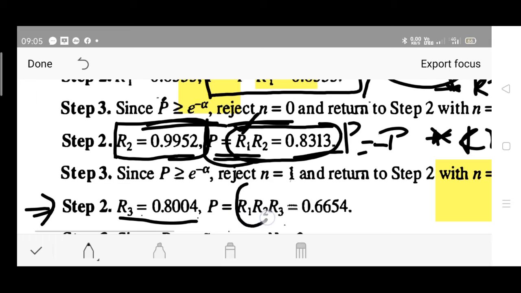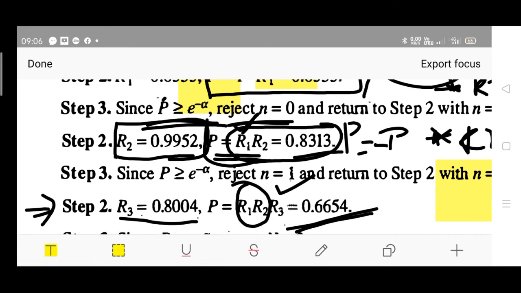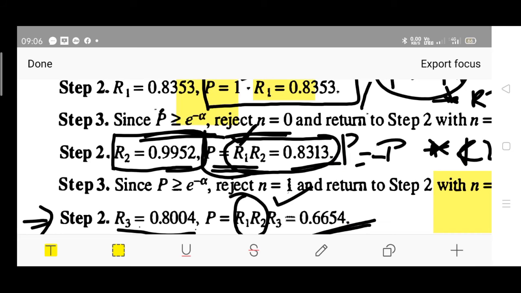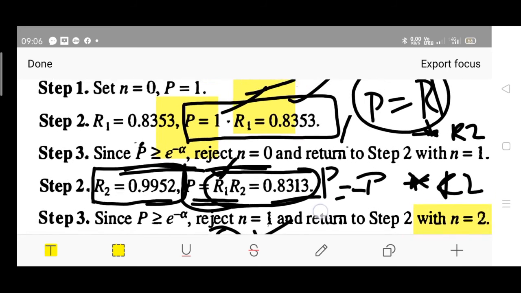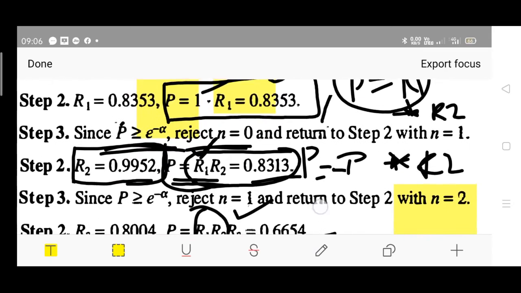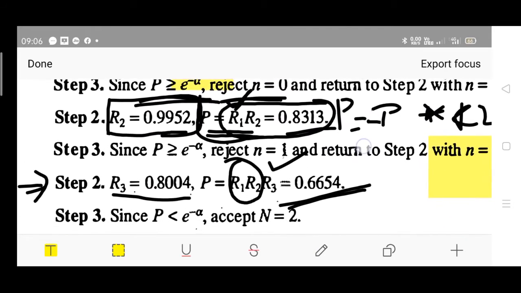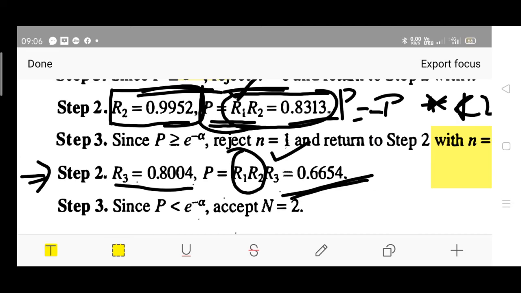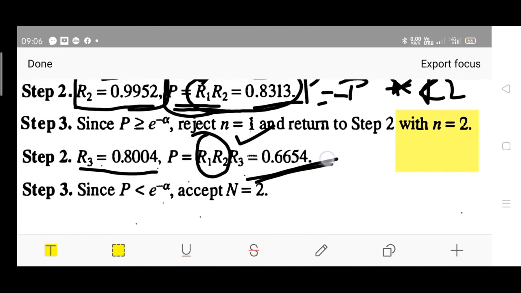So this is the previous value of p in multiplication with the new random number. So you will be getting the value 0.6654. Okay, 0.6654 is less than 0.8187. So you have to accept. Since p is less than e to the power minus alpha, you have to accept it.